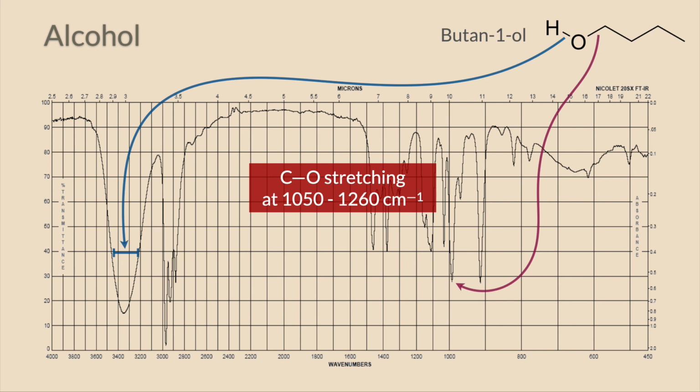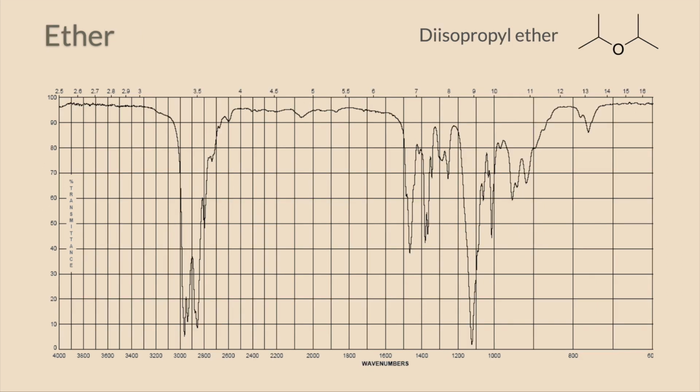Now next we will have the ether. In ether, the hydrogen of alcohol is substituted by an alkyl group. So in this example, the characteristic here is that we have the sharp CO peak.